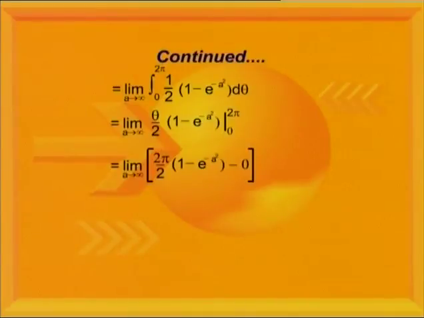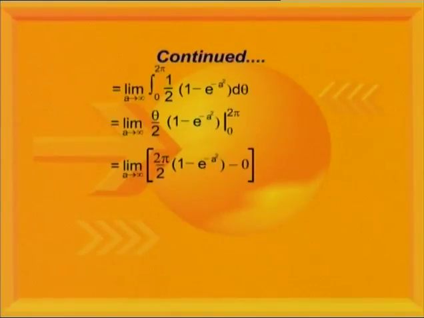Integrating this with respect to theta, because 1 minus e raised to power minus a square is just constant, the integration will be just theta, so that is half 1 minus e raised to power minus a square into theta, and the limit for theta is 0 to 2 pi. After finding this integral we will find the limit when a is tending towards infinity.